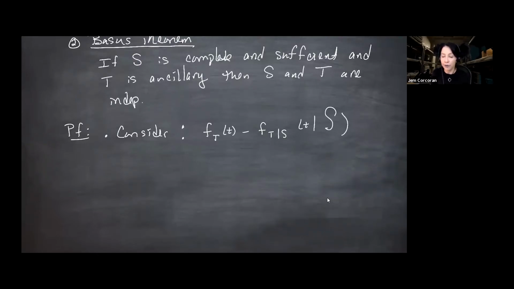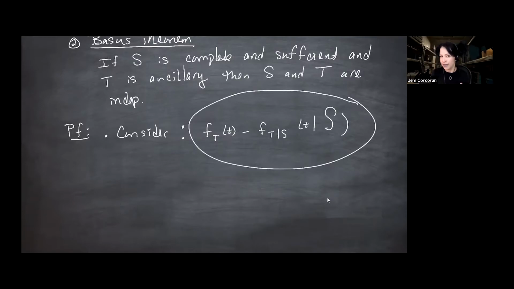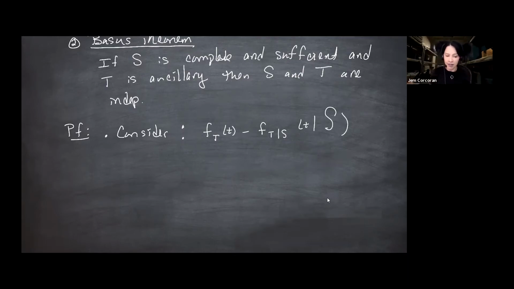That's a random variable. So this whole thing is a random variable, and the random part is the S. So you can think of the t, even though it's an argument of a function, as constant. Okay, so let's look at the expected value of this thing.